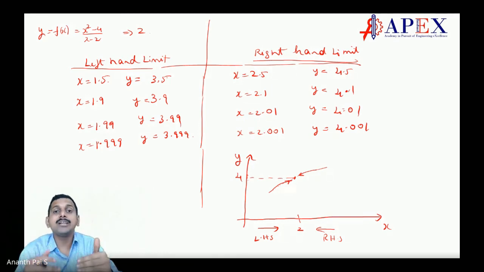So in this case, when it approaches from right hand side and left hand side, if the value it is approaching is the same, then we say limit exists.